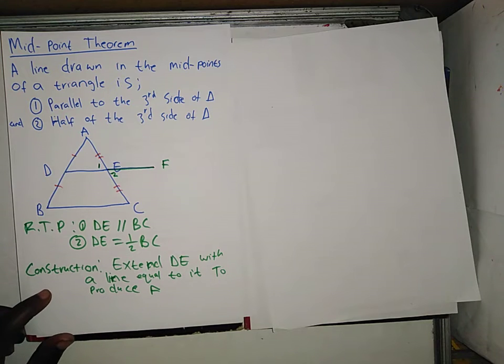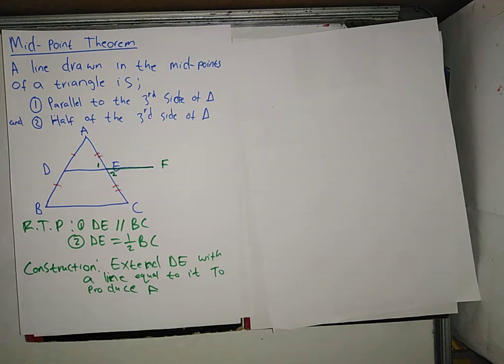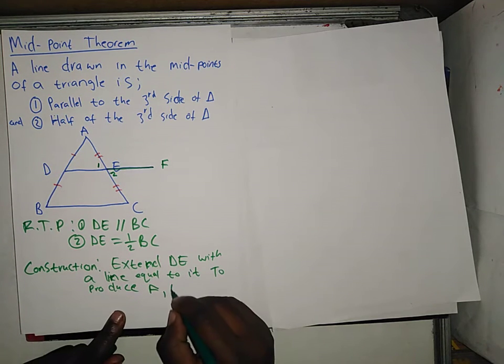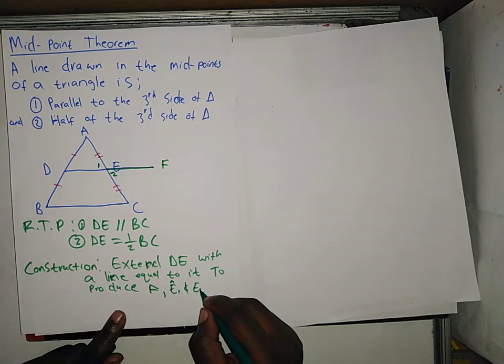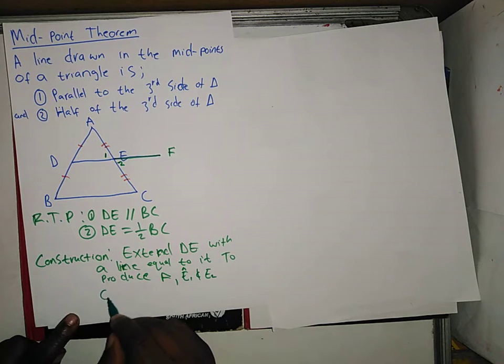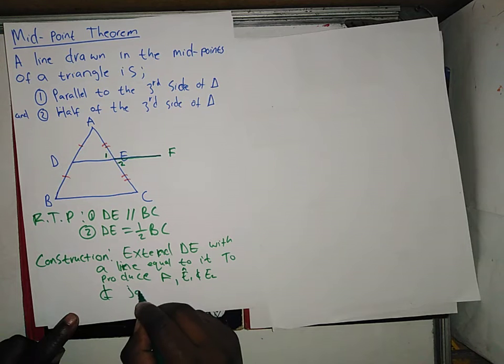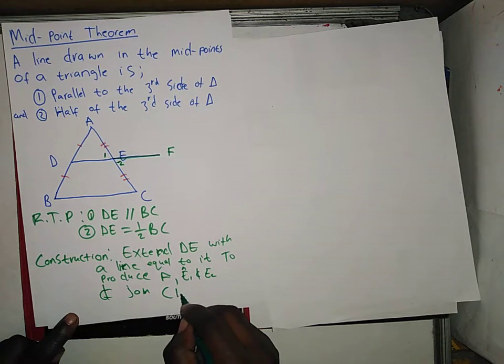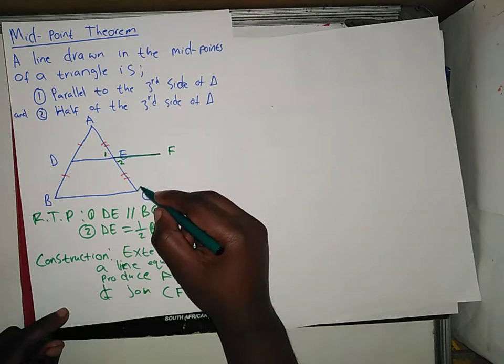So now you've got E1 and E2, and then you've got F. And then join C, F. So join a line from C to F.